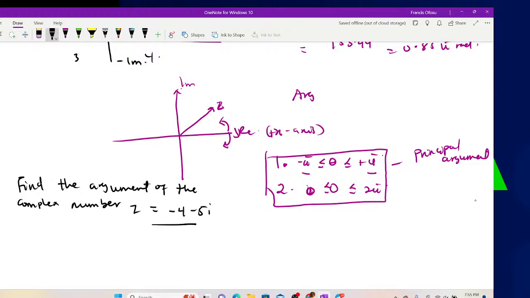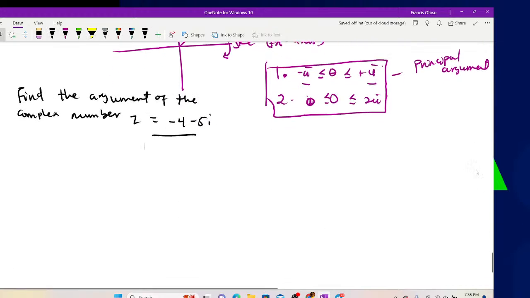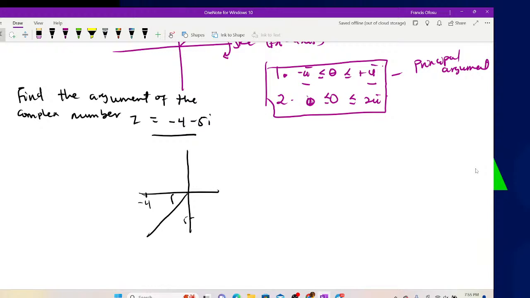So let's look at this interesting problem. I'm having on my complex plane negative 4 at this side and negative 5 at this side. So I'll have my complex number, and always the angle is attached to the x or the real part, right? So at this point, this place becomes what?